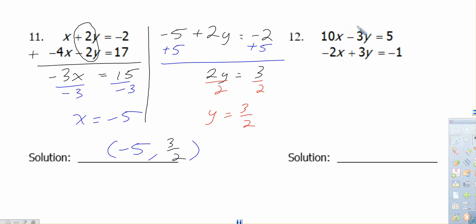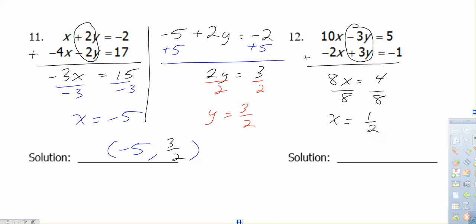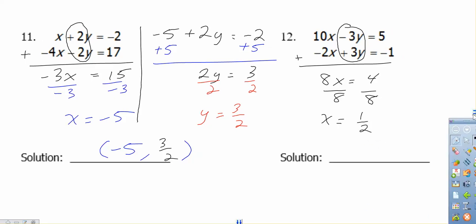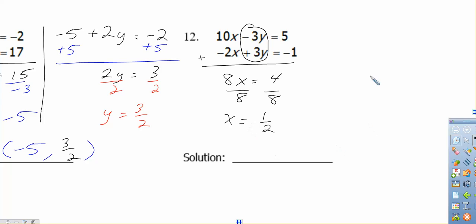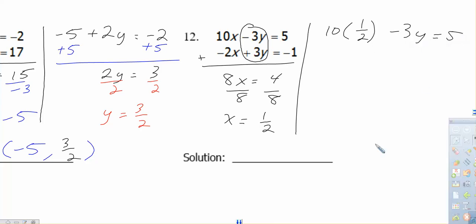Number 12, our zero pairs are in the y terms. So when we add these together, we get positive 8x equals 4. Dividing by 8, x equals 1/2. All right, so if x is 1/2, we'll replace it in the original equation. 10 times 1/2 minus 3y equals 5.